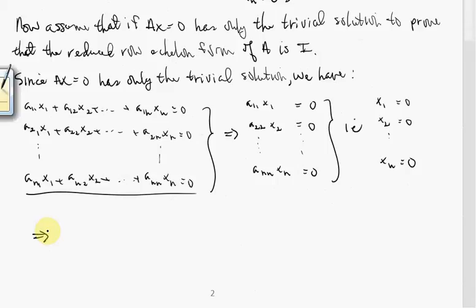That implies, in terms of the matrix, 1, 0, and so on, 0, 0, 1, 0, and so on. The diagonal is 1.